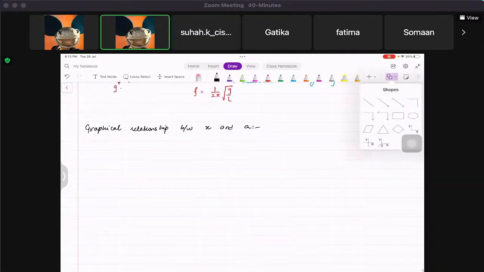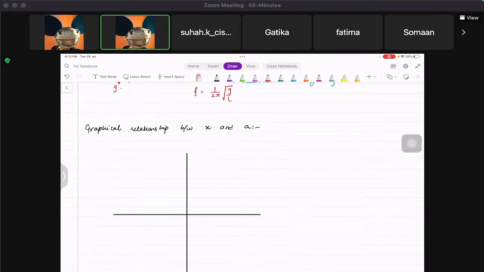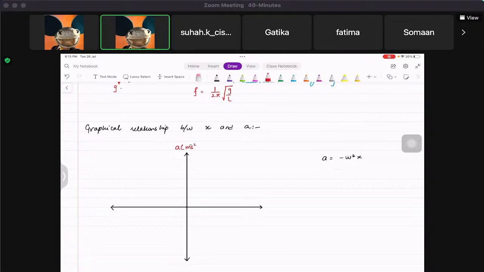You just need to remember that the equation we're following right now is a equals minus omega squared x. If I put acceleration on this side, in meters per second squared, positive, and here acceleration negative, on this side I could put displacement as positive, and negative displacement here.